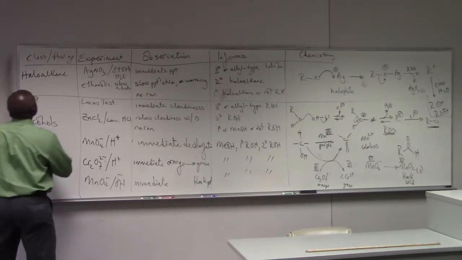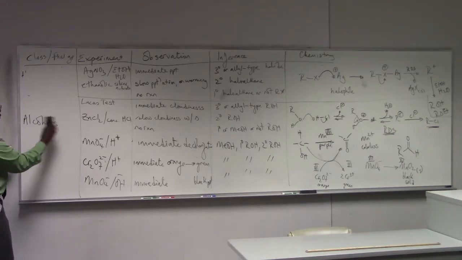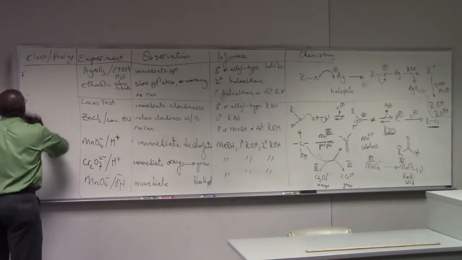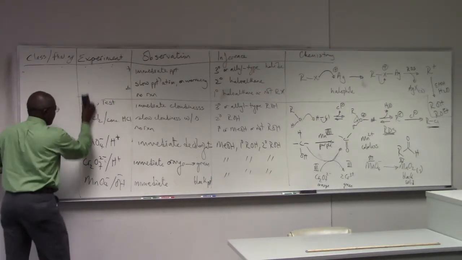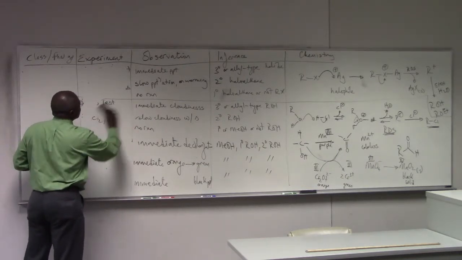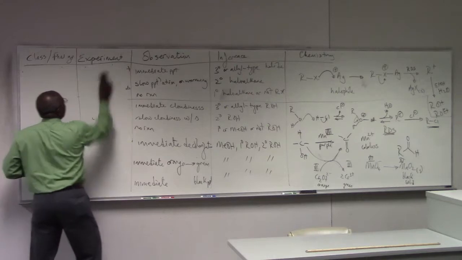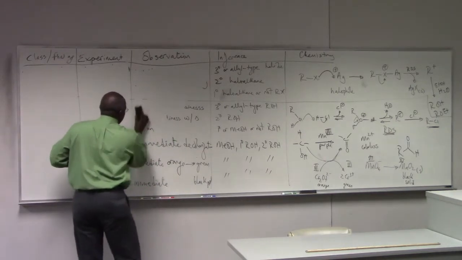Continue with alcohols. Of course, you can pause this as you need. So I'm going to go up here to alcohols, the more reactions with the alcohols. And there's just a couple more that we do with alcohols.